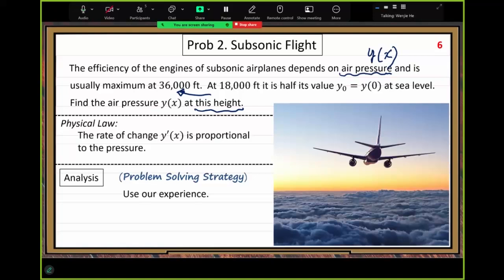To solve the equation, we need to use our experience. So the equation is the rate of change, dy over dx, equals a constant multiple, constant C, times that air pressure function y. So we have that equation.